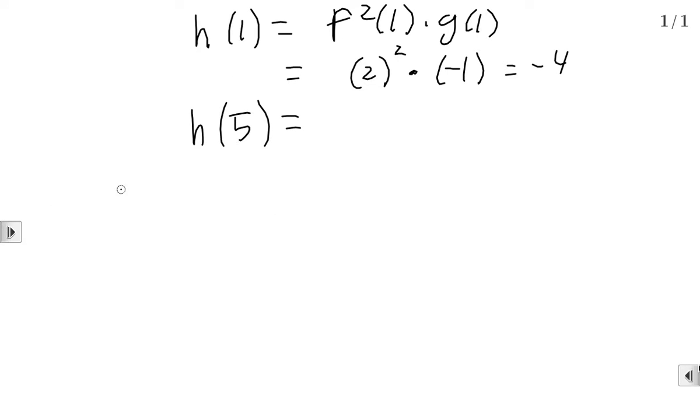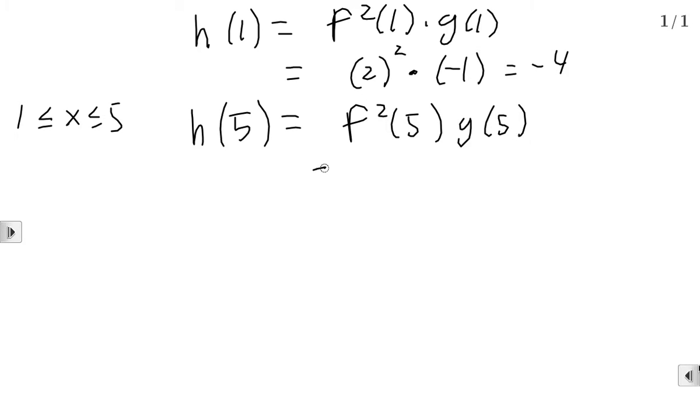And we know to use these two numbers because they are listed as the domain. It says on this domain, so we want to check the endpoints for that domain. Let's do f squared of 5 and g of 5. So that's also 2 squared, but this time it's times 4. So that total ends up being 16.